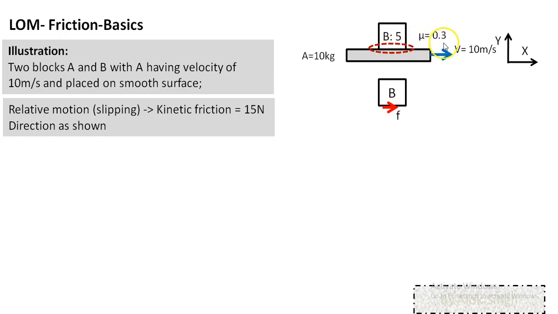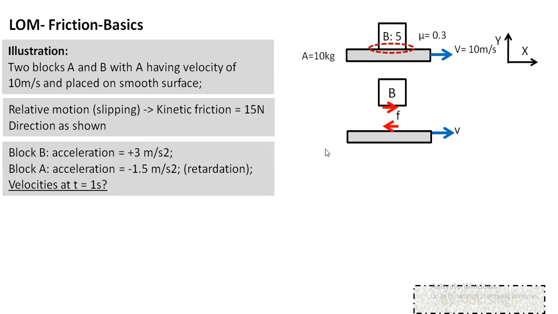Hence, kinetic friction will be equal to 0.3 into 50, which is 15 Newton. So kinetic friction of 15 Newton will act on B. B having lower velocity, the friction force will be in the forward direction, and on the other block A, it will be in the backward direction. Magnitude of friction force is 15.